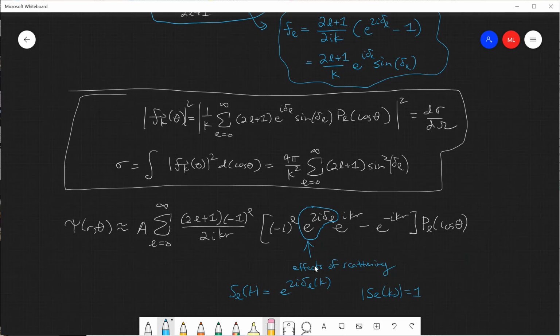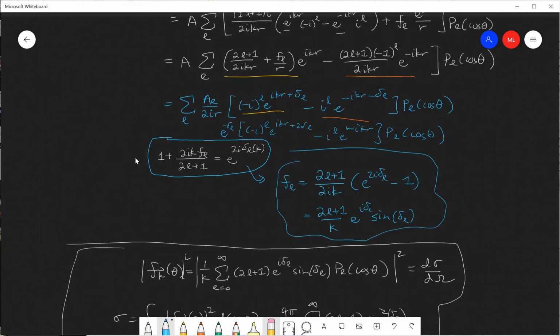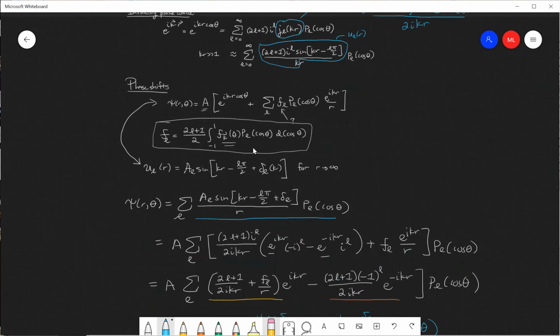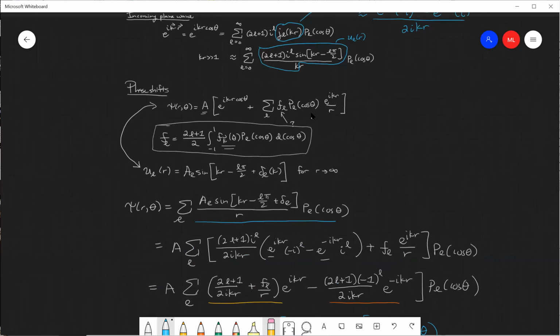But these are really the main results of the partial wave expansion. And just conceptually, it's important to know what we did. We took the Schrodinger equation and we interpreted solutions to it as having the following asymptotic form: incoming plane wave plus outgoing spherical wave from the scattering.